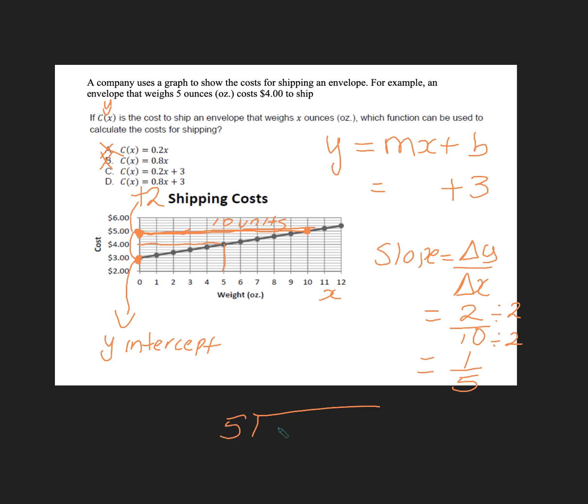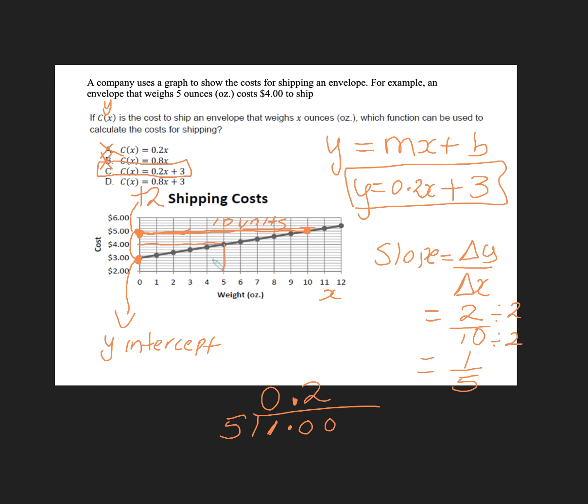So 5 is my divisor, 1 is my dividend, put a decimal point. You could put this in a calculator, but I'm just going to do it by hand. 5 goes into 1 0 times, 5 goes into 10 2 times. I'm finished. So it's 0.2. My slope is 0.2x. Okay, what looks like my equation here? It is C. So your answer is C.